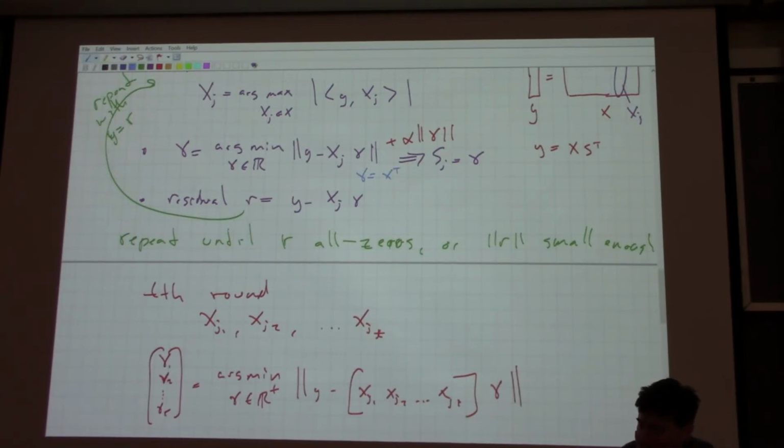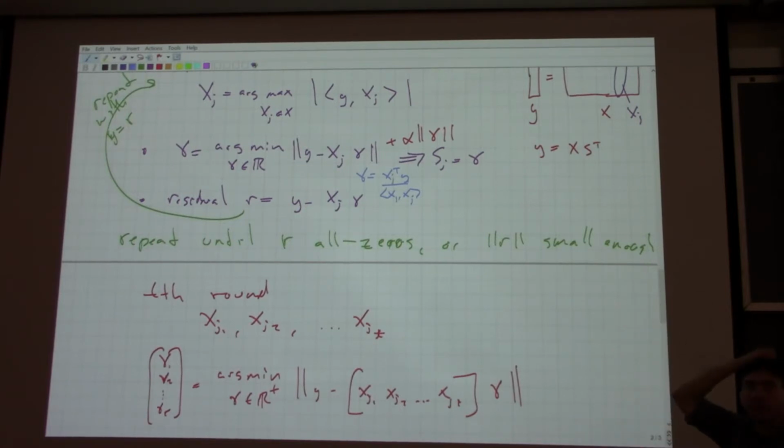Probably will get this wrong, but I think it's going to be x y transpose over this, because these are xj's. There's going to be this closed form solution for this here. Okay, so x is a vector. I think there's a closed form solution for solving for gamma in this case.